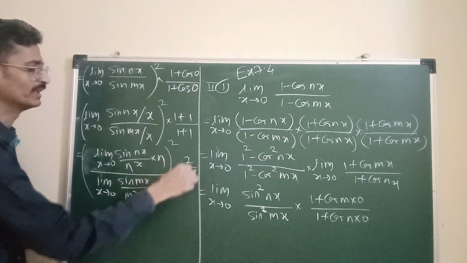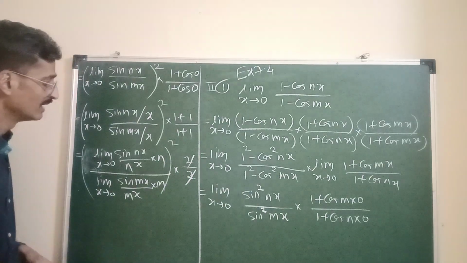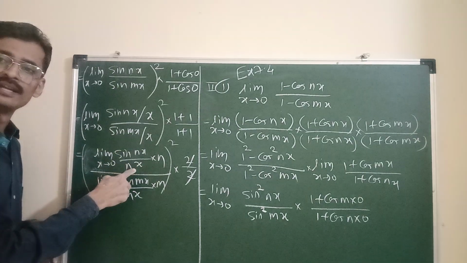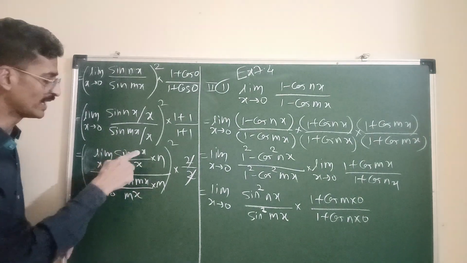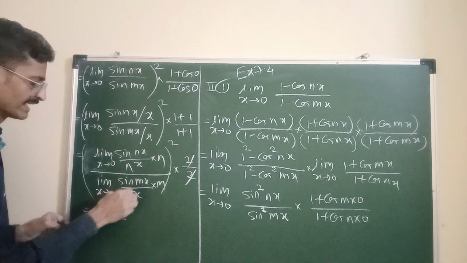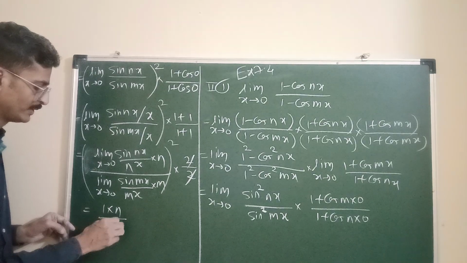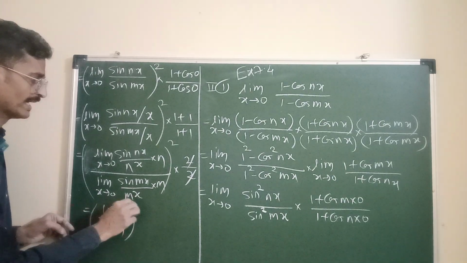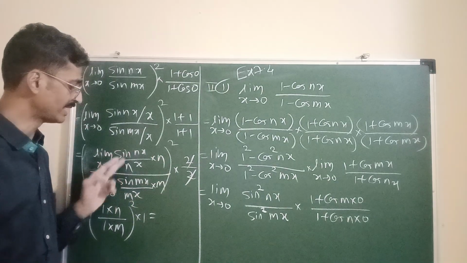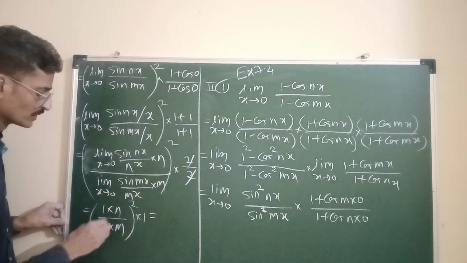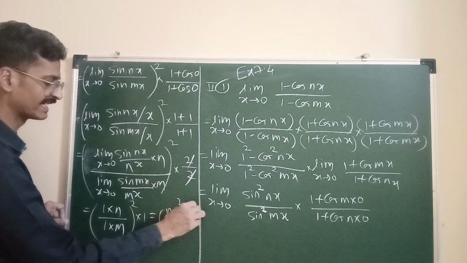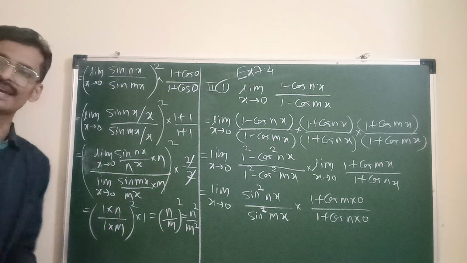This is 2 upon 2, that is 1. Now here the answer is what? 1, since sin theta upon theta is 1, with x tends to 0 in the bracket. So we will get 1 into n, and again here 1 into m, whole square. In the bracket write the reason: sin theta upon theta is 1. So this is (n upon m) whole square, which we can write as n square upon m square.